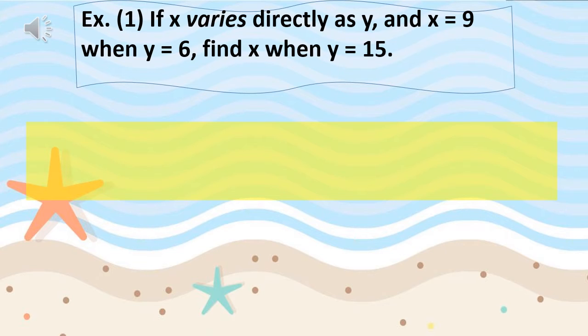Here the variables are also x and y, so the equation will be y is equal to kx. The equation changes accordingly with the given question. Like if variables are m, n, then in place of x you will write m and in place of y you will write n. So is that clear? Let us move to the second step.